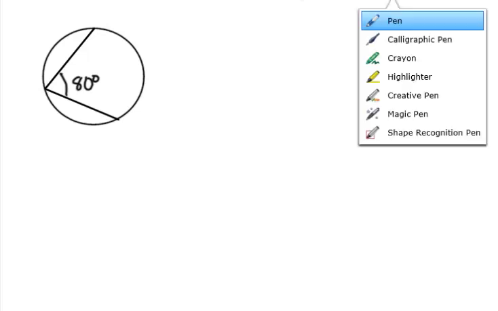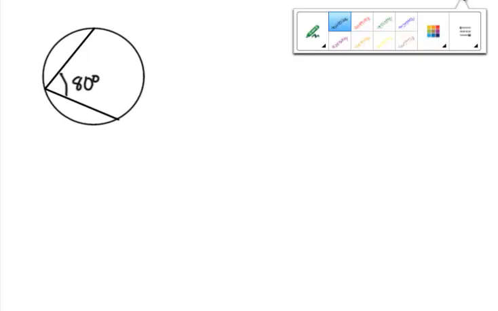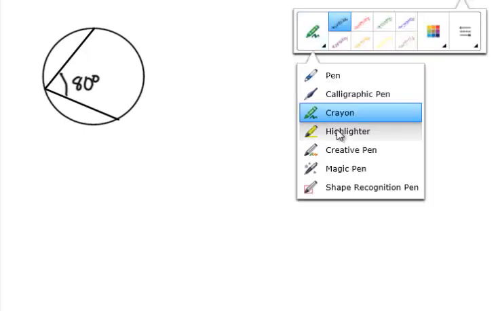So what happens when we want to go from the angle to the arc? Okay, this arc. Well, the arc is going to be twice the angle.